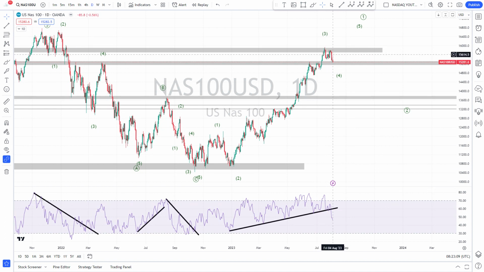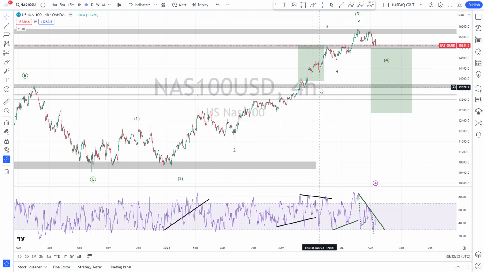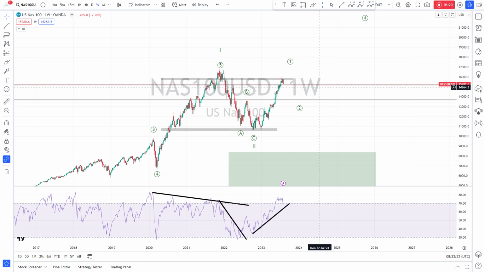In the primary I assume that this is a wave 4, but at the same time this would be the perfect trap. This can as well be an ABC, A, B, C, and then we end here without any divergence in the weekly. This is the perfect ABC.